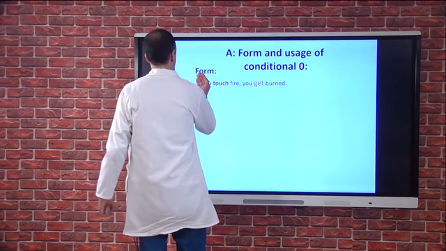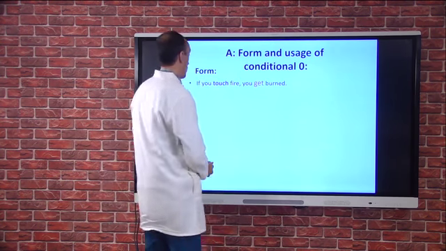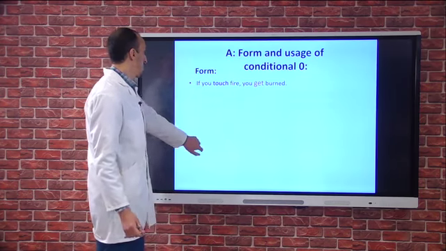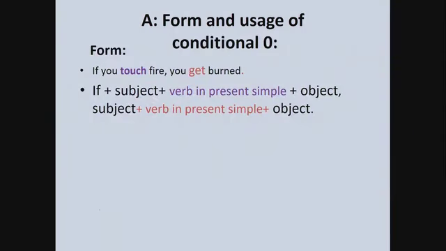Okay, take your time. Let's speak about rules now. As you notice, we have the if. It starts the if clause. If is followed by a subject. It can be a pronoun or a noun.